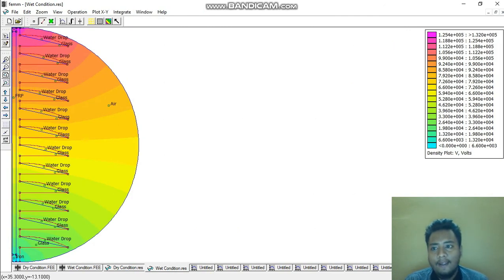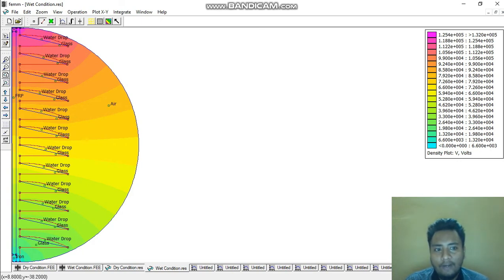Okay, as you can see, in this density plot here, it also has the same condition as the dry condition. You can see the purple is the maximum voltage and the blue zone has the lowest voltage, which is ground.